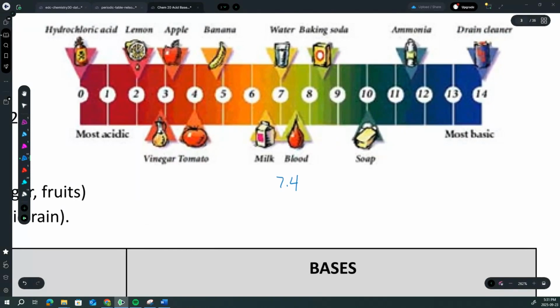And what's interesting about blood, so maybe I'll write that right there, is if the pH of your blood increases to 7.45, and if it gets any further than that or any more basic than that, you actually get a condition called alkalosis, which is not good for your organs. Your organs actually can't survive at a higher pH than that. And so what happens is your organs will eventually shut down and die because the pH is not great for them functioning. So alkalosis.